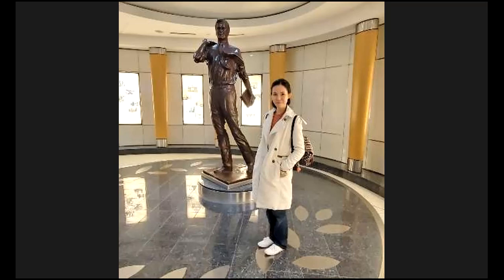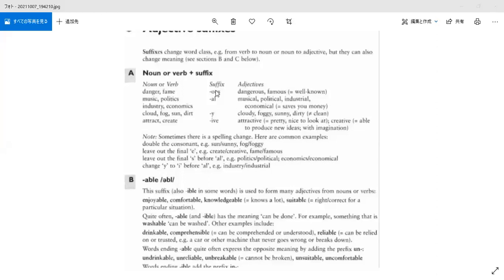Wait, stop share first, share screen. Dangerous, famous, noun or verb plus suffix: musical, political, industrial. Industry, economics, cloud, fog, sun, dirt, attract, create, plus y, plus ive. These are nouns: cloud, fog, sun, dirt.